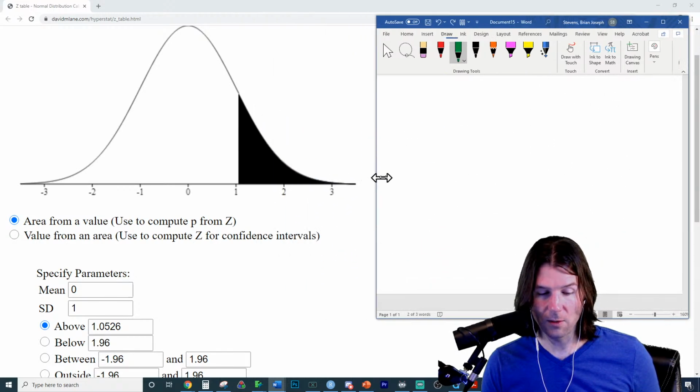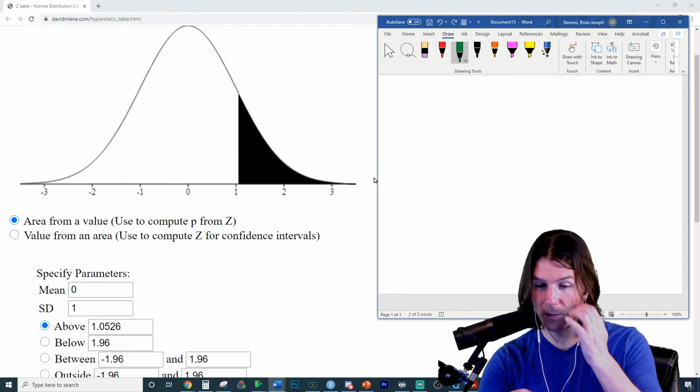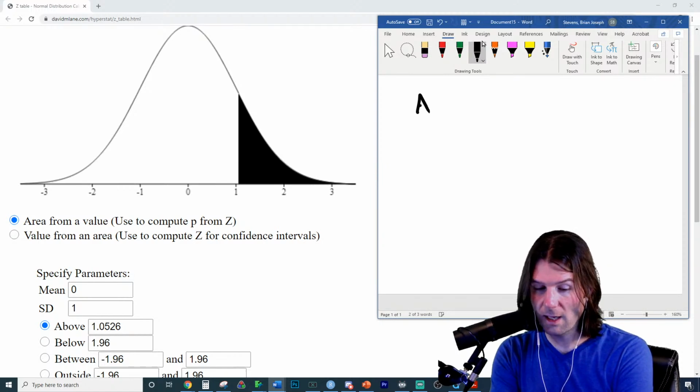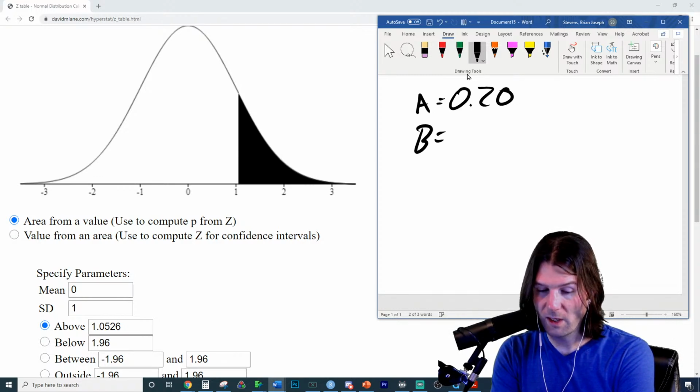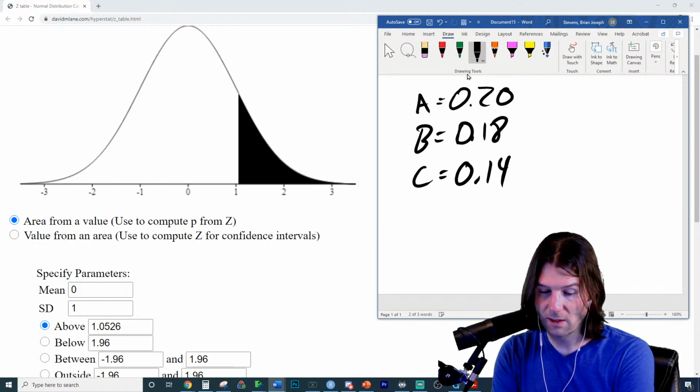So here's a theoretical test question asking you what's going to be the p-value. And it could say A, something like 20%, B, no, 18%, C, 14%, and D equals 1%.